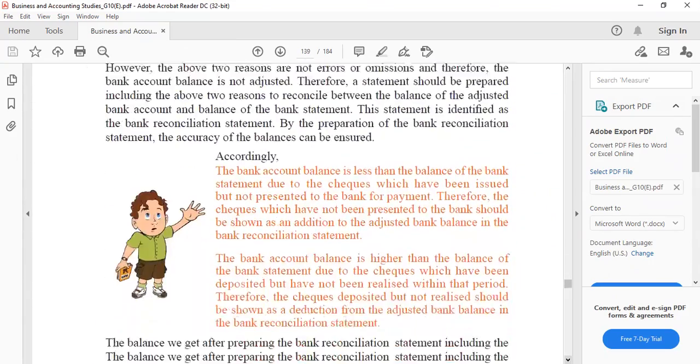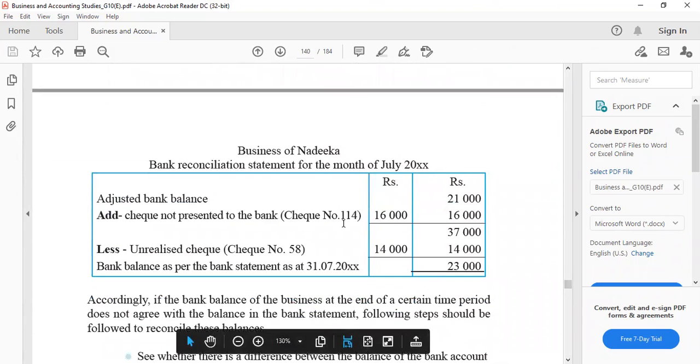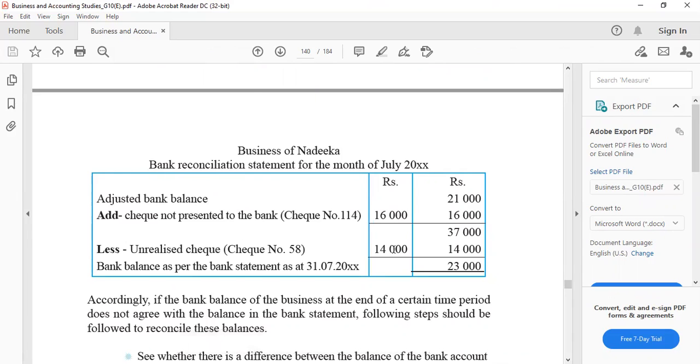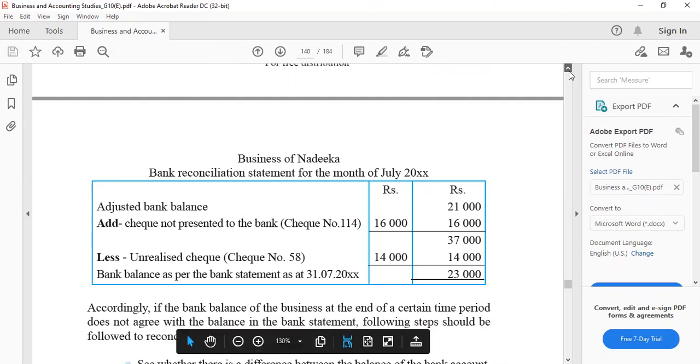Here you can see, for this 21,000, you can add the unpresented check 16,000 and subtract the unrealized check 14,000. You will end up with 23,000. You must put the check numbers as well. Now there is a method to check whether your answer is correct.